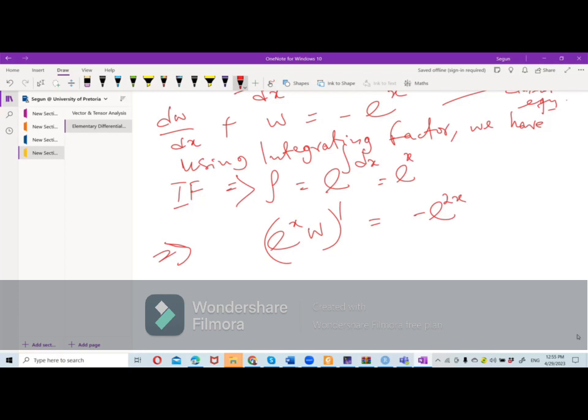Remember that when you are solving the problem with the exponential, what will happen? Based on the points that I gave you last week, when we were solving the integrating factor, what do you have?